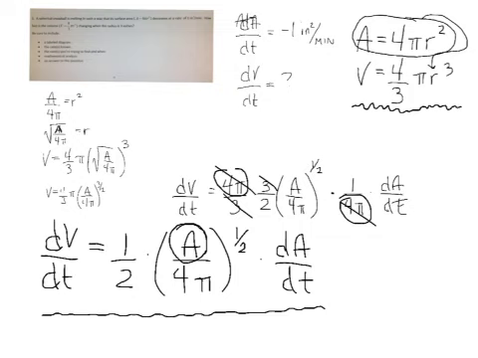At this instant in time, there is an area, surface area in particular, when the radius is 3 inches. And by taking that value, which we're going to find in just a second, and plugging it in here for A, the resulting dV/dt value will also correspond to that instant in time.